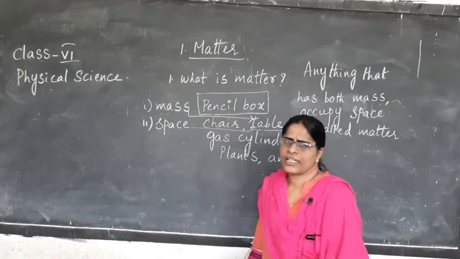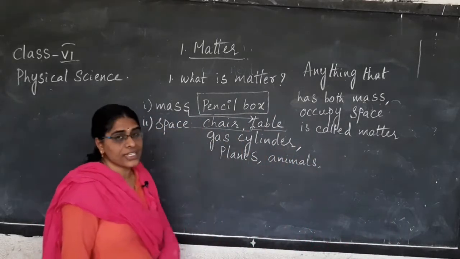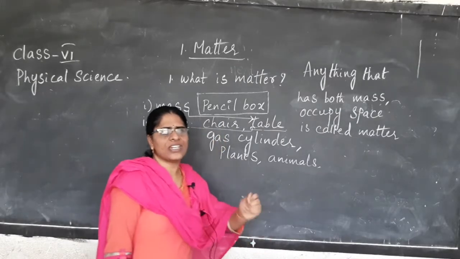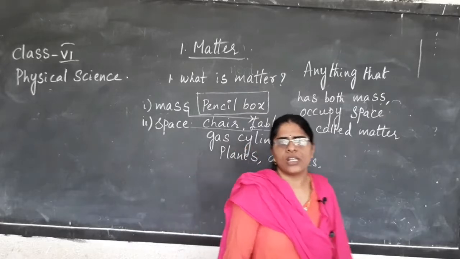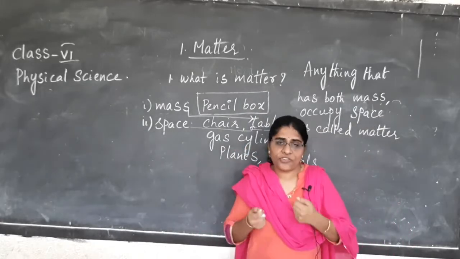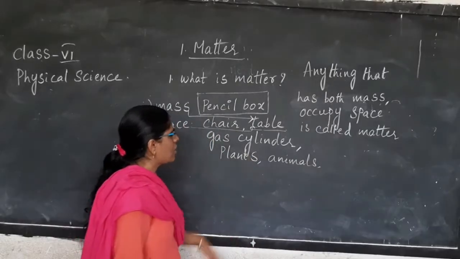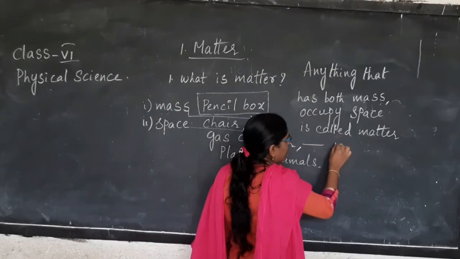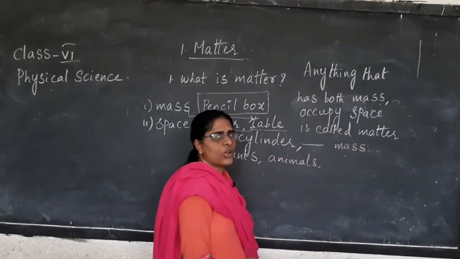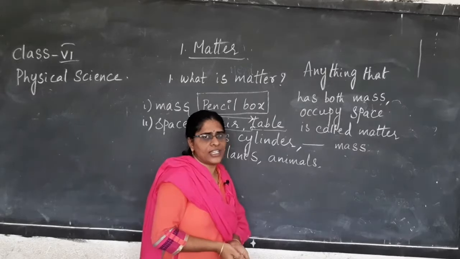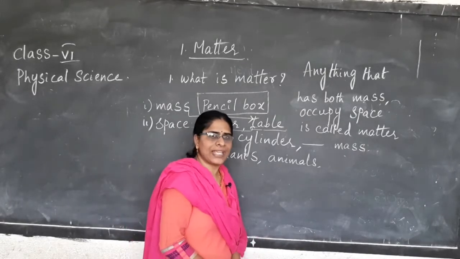Now, not only table, take any other example like your gas cylinder. You might have seen your mom using a gas cylinder for cooking purposes. When you lift it up, will you feel some weight or not? Yes. Now we said a gas cylinder has mass. Now when I am lifting the cylinder and placing it on the ground, does it occupy some place?